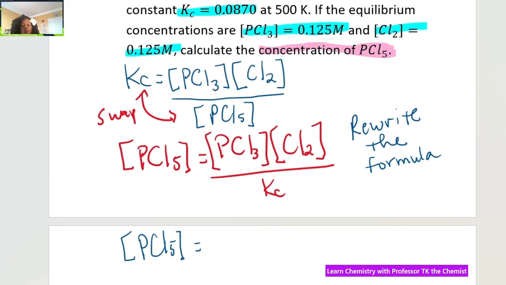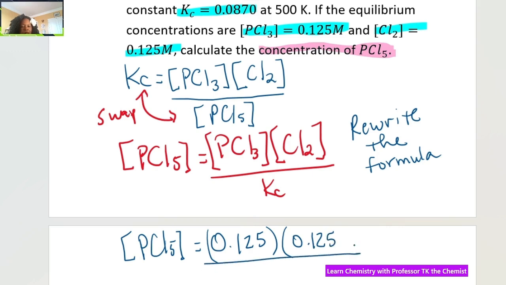We're going to plug all three of those numbers into our problem. PCl3 is 0.125 times Cl2, 0.125, and then divide that by 0.0870.